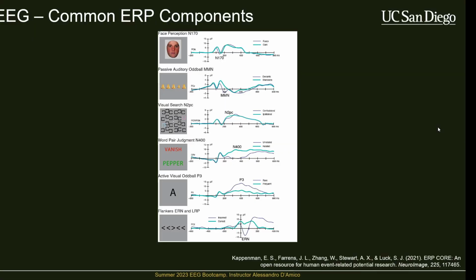Yep. Okay. So I just wanted to quickly introduce a couple of the common ERP components that we study with EEG. These are, again, not inclusive, but these are some of the most cited components. We have the face perception N170, which, as you can imagine, is related to when you see a face. Very interesting potential.